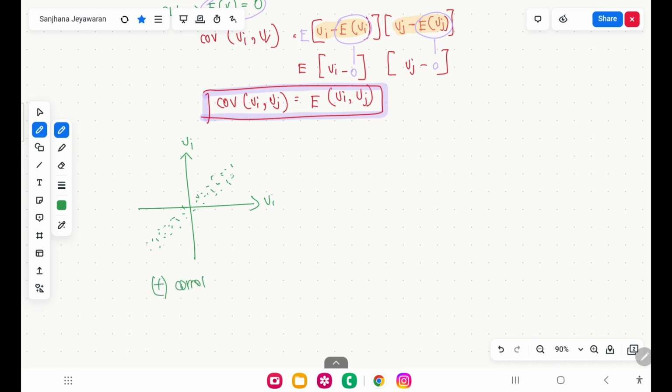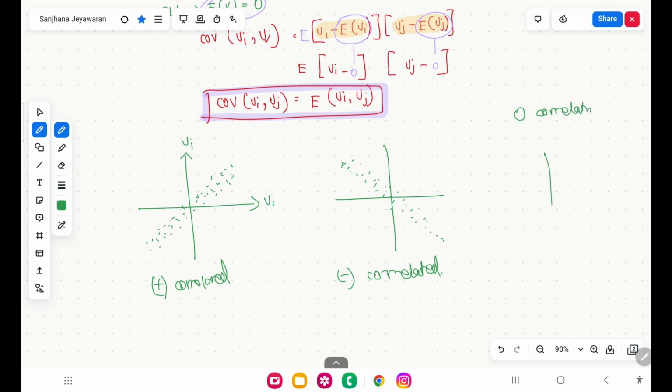In such cases, CL2 is violated. Likewise, if we plot like this and they are moving downwards, is it correlated? Yes, it is correlated negatively. Again, CL2 is violated. I said there should be no correlation, that means zero correlation.